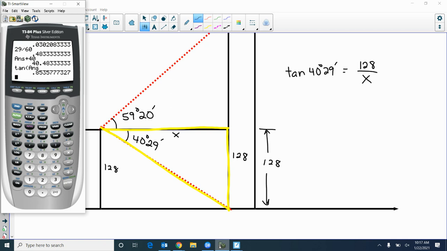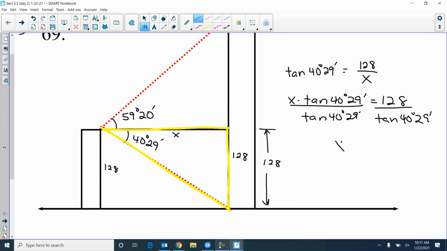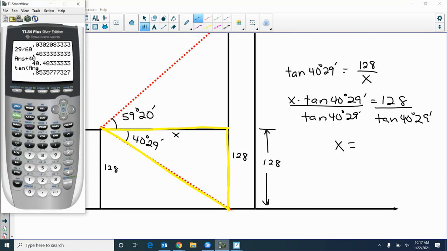Now I'm going to have to end up dividing, because after I multiply I'll have x times tangent of 40 degrees, 29 minutes equals 128. Divide by tangent, and I get x equals 128 divided by my answer.